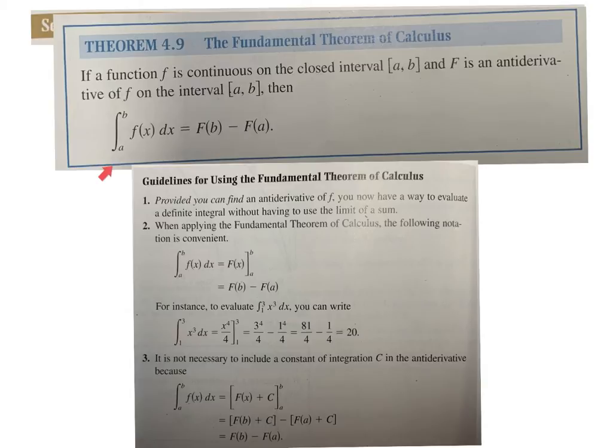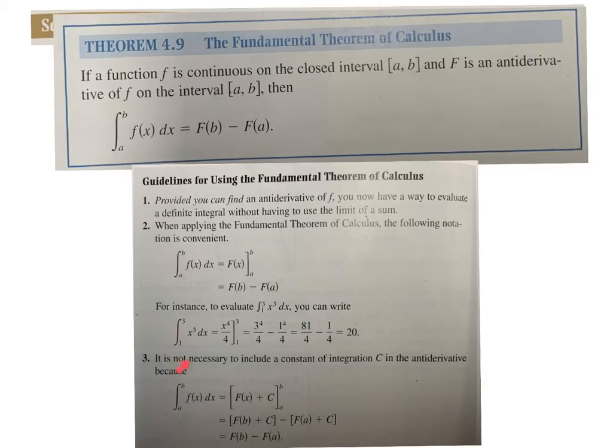Doing a limit every time, or plugging in your summation, is much more tedious. Doing the antiderivative is much easier, especially now that you know the rules of antiderivatives. So the fundamental theorem of calculus says: just find the antiderivative, plug in your top limit to that new function, and subtract the bottom limit. That's the fundamental theorem of calculus.